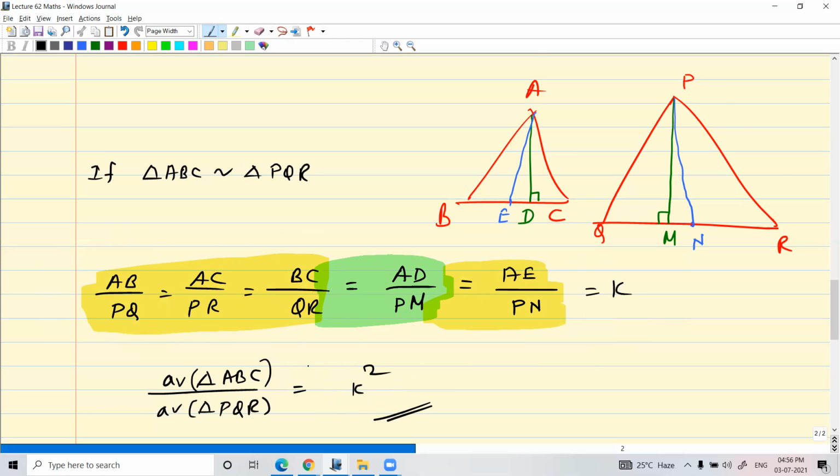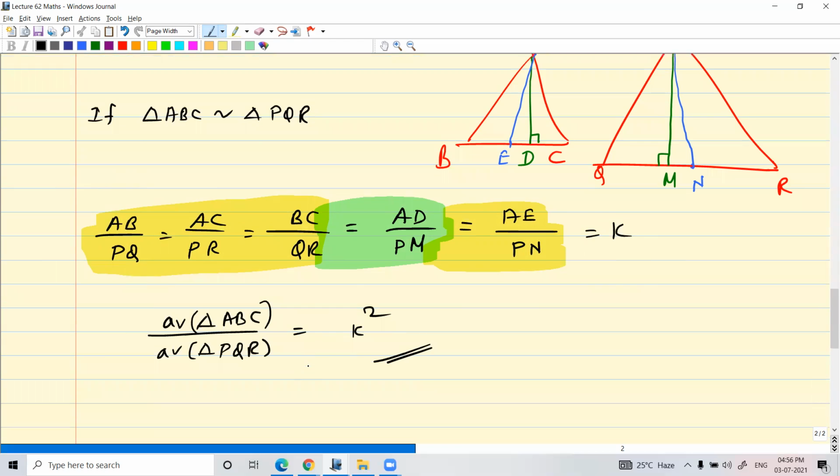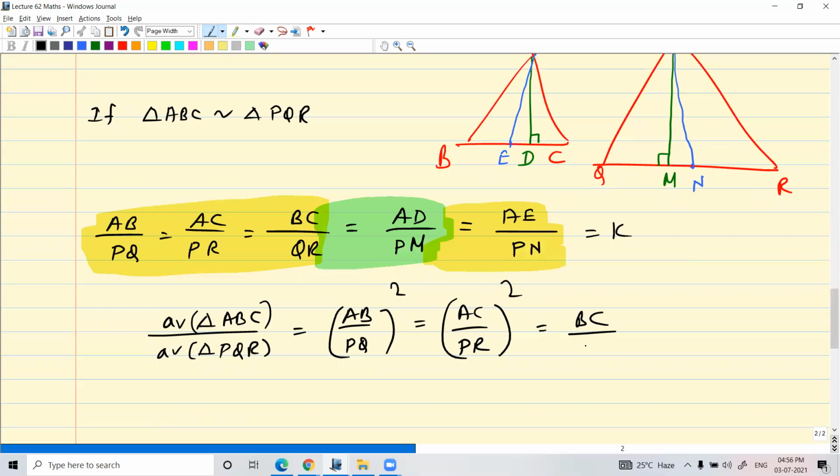Everyone understands this now? Yes, sir. You will write it as AB by PQ whole square, or AC by PR whole square, or BC by QR whole square.